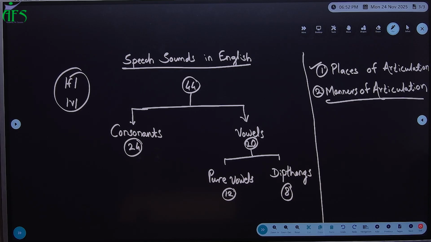Then rhotic sound. Rhotic means a sound like R comes under rhotic sound, and glide is the last category. Glides are the consonants which have the least constriction at the point of articulation.